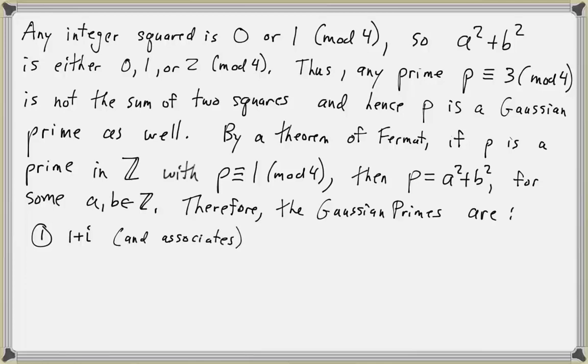So remember, the units of this ring are plus or minus 1 and plus or minus i. So you could multiply any one of these Gaussian primes by those units and you'd still have an irreducible element.